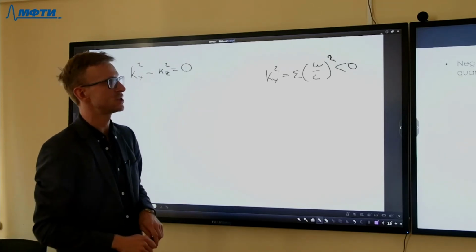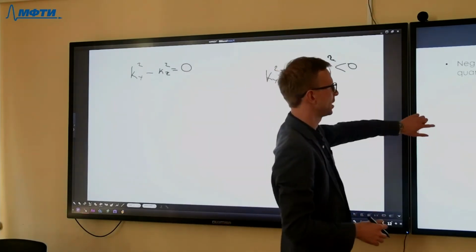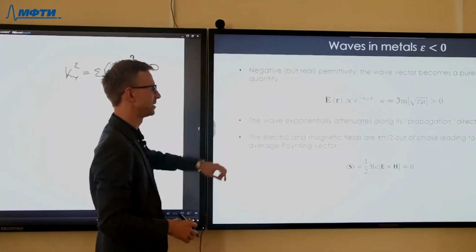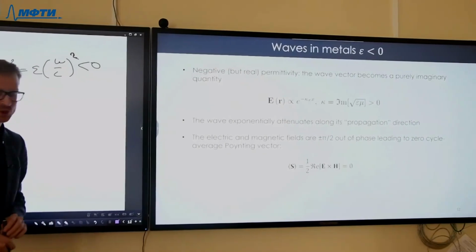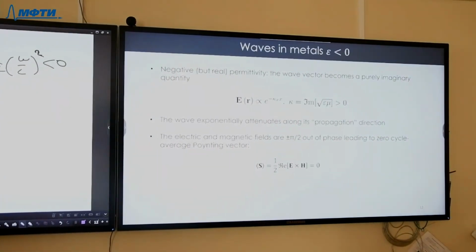So there is no energy propagation, and you can easily verify it by calculating the Poynting vector, which in this case will be exactly 0. So the electric and magnetic fields are exactly plus minus pi over 2 out of phase with each other, and the time average value of the Poynting vector is 0.